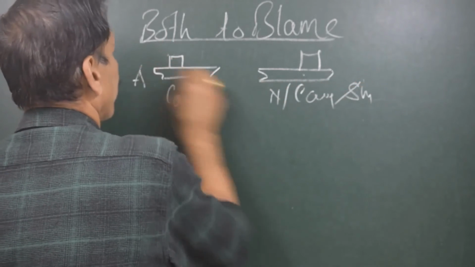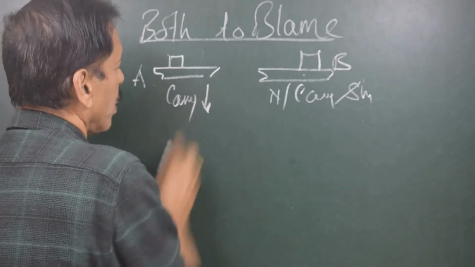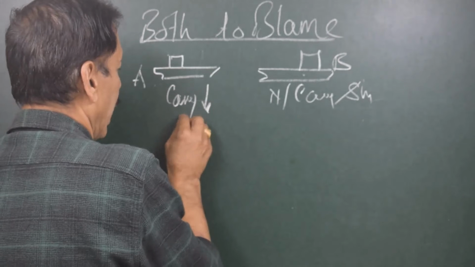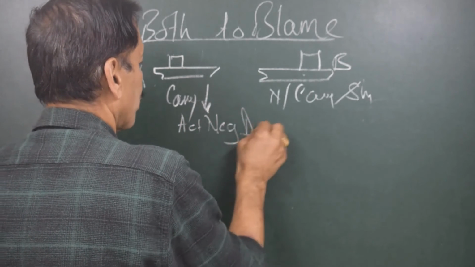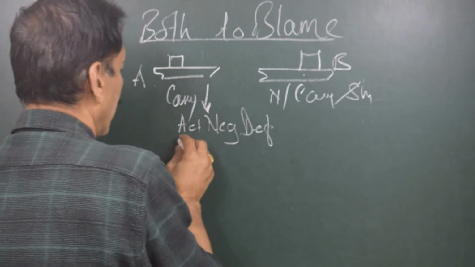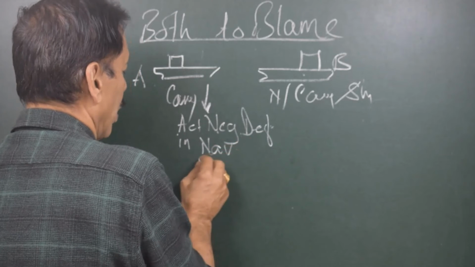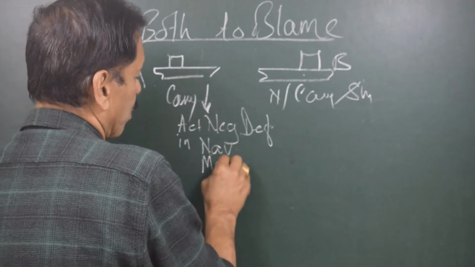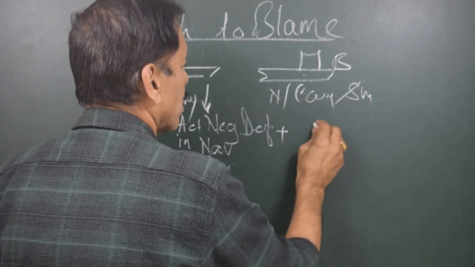This is ship A. Now these carrying ships, act, neglect or default in navigation or management of the ship, plus non-carrying vessel's negligence.